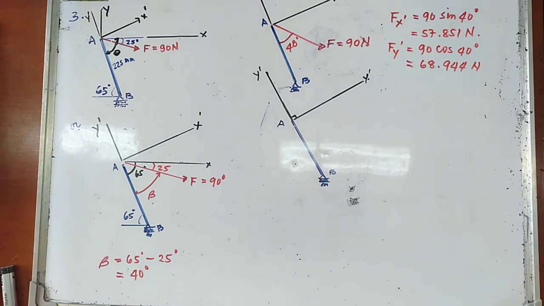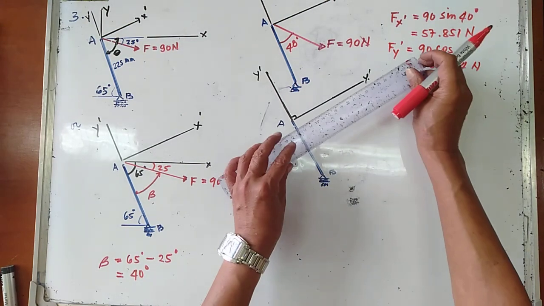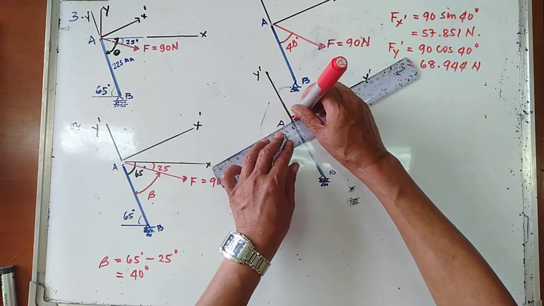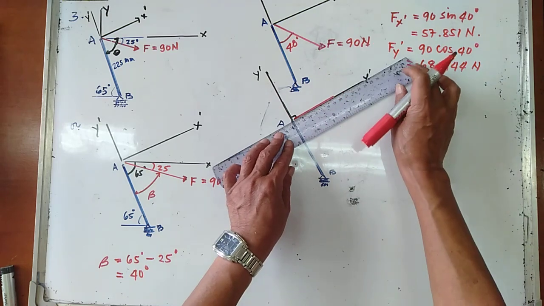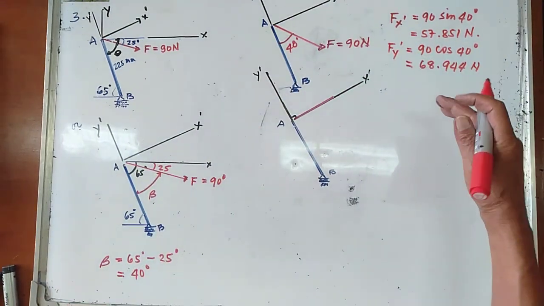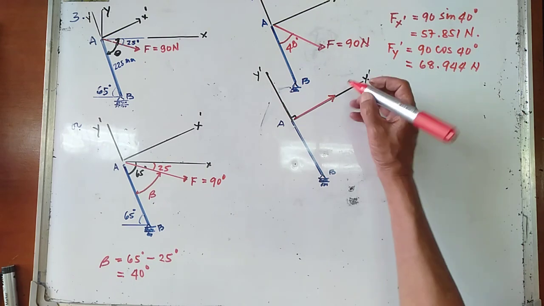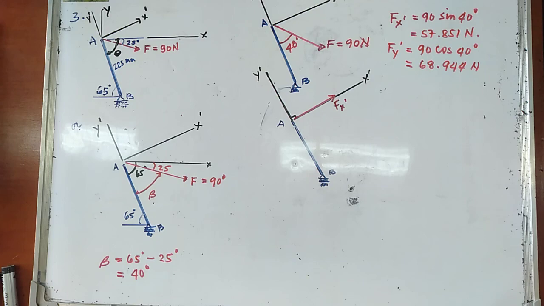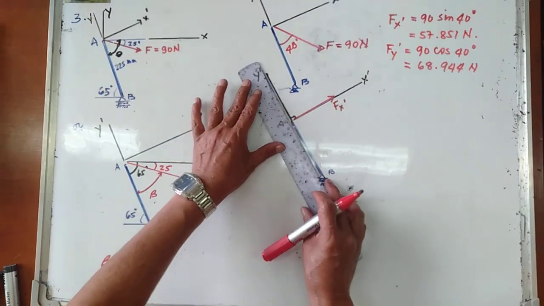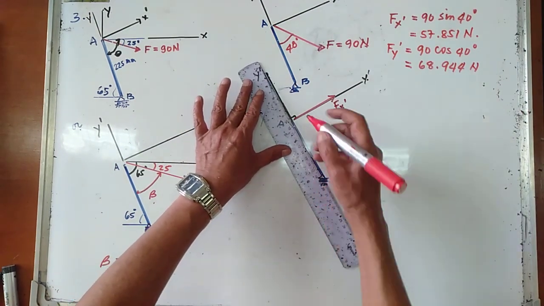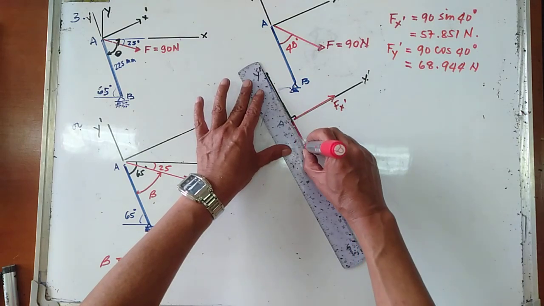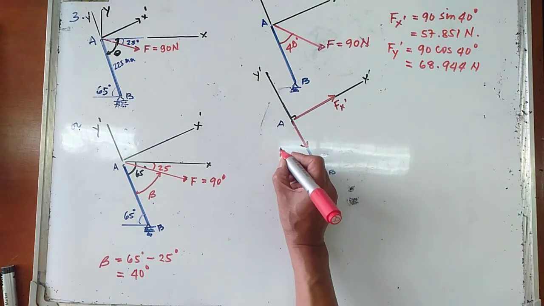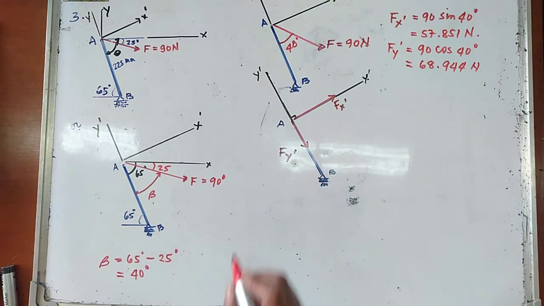So this is your x prime, and this is now your Fx prime, going to the right. And then we have your Fy prime.